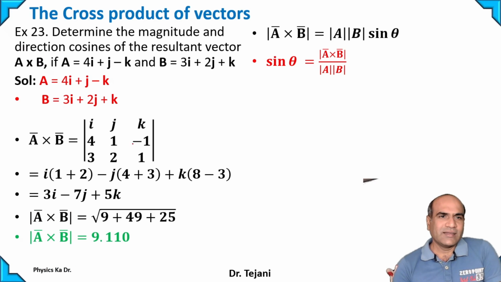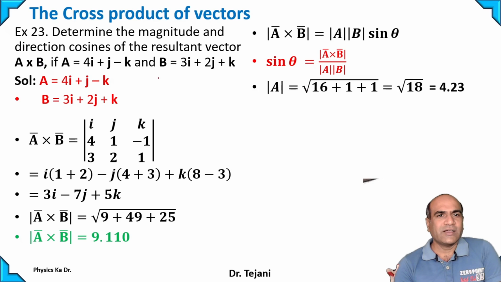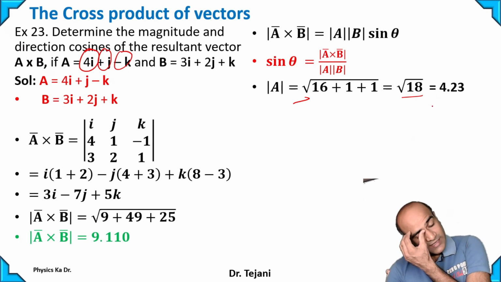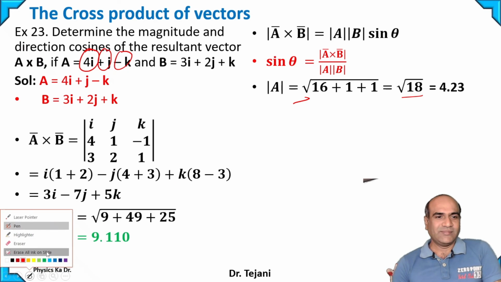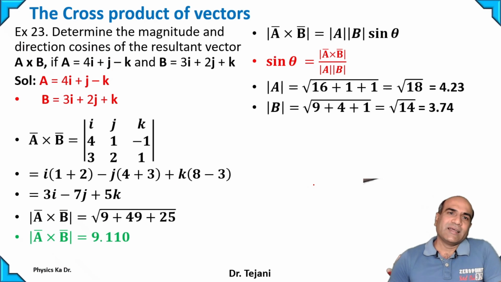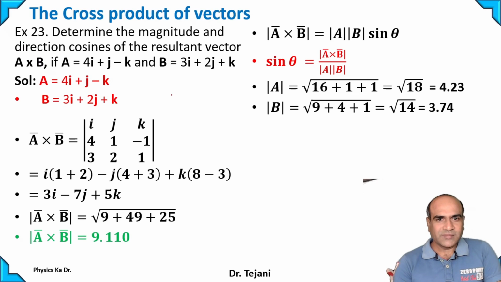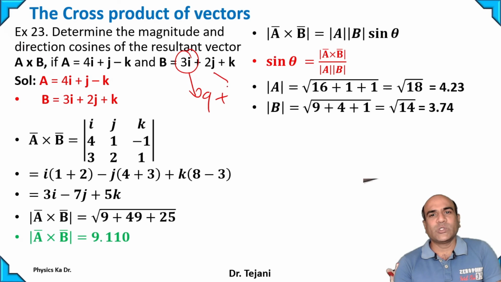Again, take mod A. Here it is 4 squared 16, 1 squared and 1 squared, ultimately it becomes root 18 and it is 4.23. Similarly for mod B, we get 3 multiplied by 3 becomes 9, plus 2 multiplied by 2 becomes 4, and plus 1.